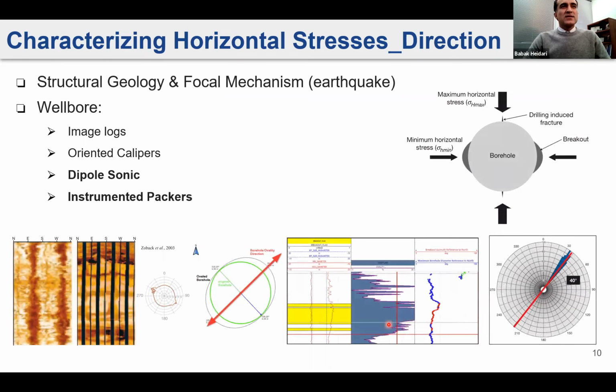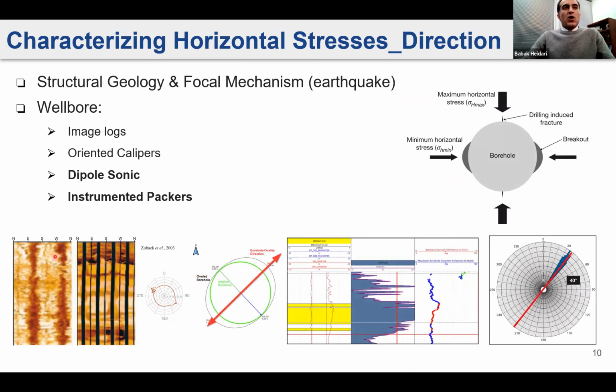I'm highlighting dipole sonic and instrumented packer because I'm more of a fan of these two techniques. They do not depend on already deformed borehole information, which can be misleading. I will highlight that in an upcoming slide. But let's focus here on the image log.